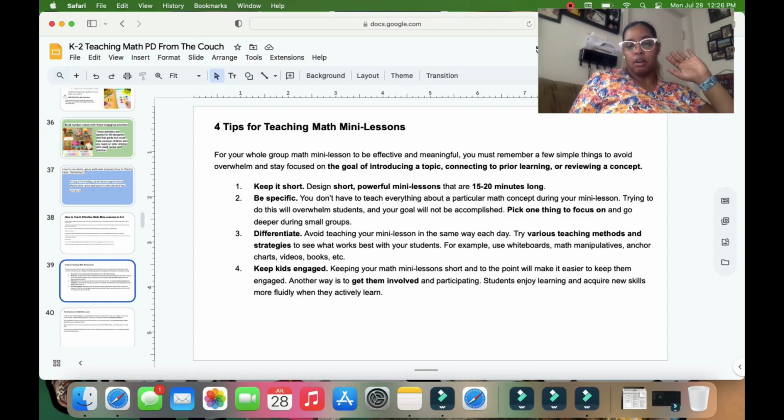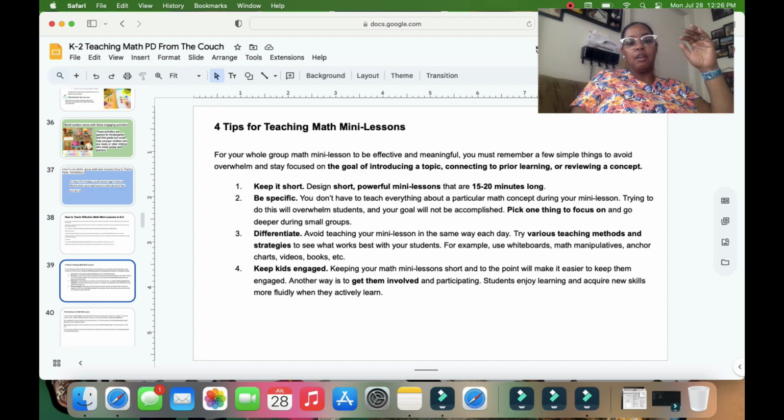You're creating a short, powerful mini lesson that is 15 to 20 minutes long. You're being very specific by picking one thing to focus on and going deeper during the small groups. When you differentiate, you're trying various teaching methods and strategies. And keeping them engaged just means to get them involved.